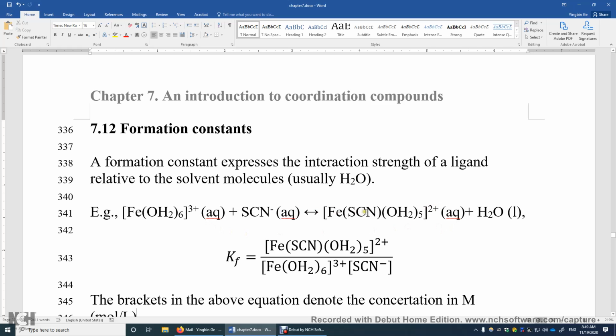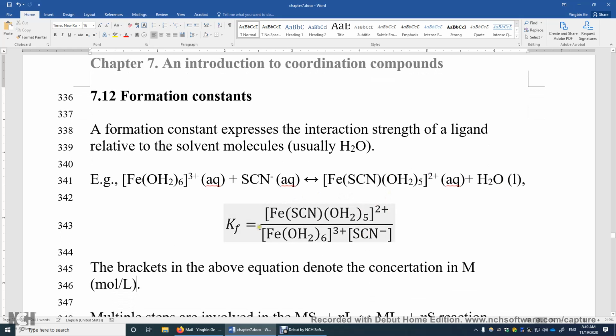And all these 3 species are in the aqueous solution. For water, this is a solvent, so we'll just specify this is liquid water. We'll assume the concentration of pure water is 1. And then now look at this formation constant. We put the products on top, reactants on the bottom, and over here water is the solvent.